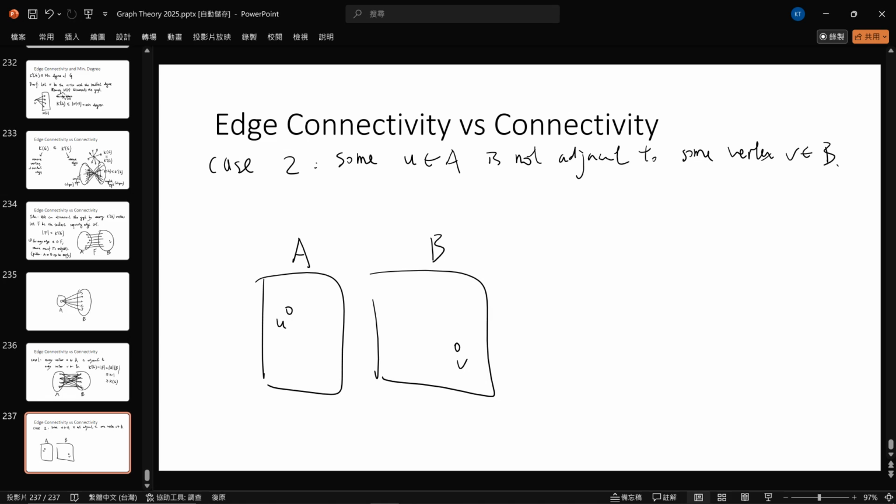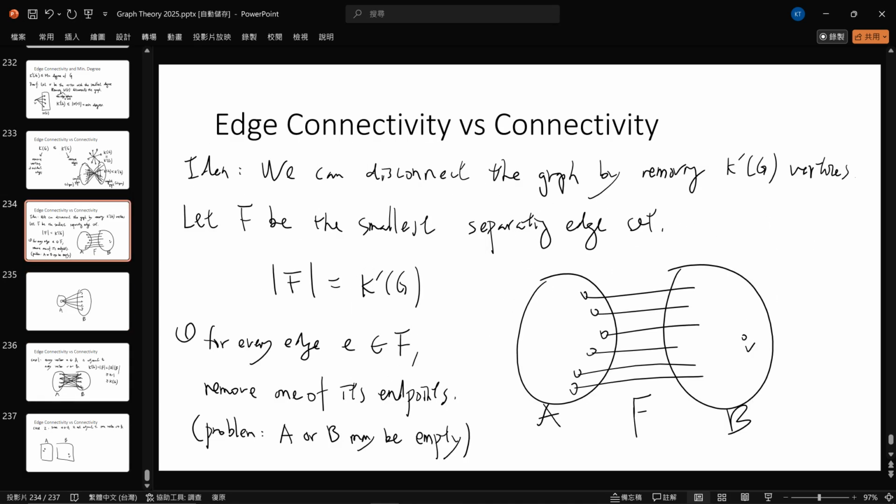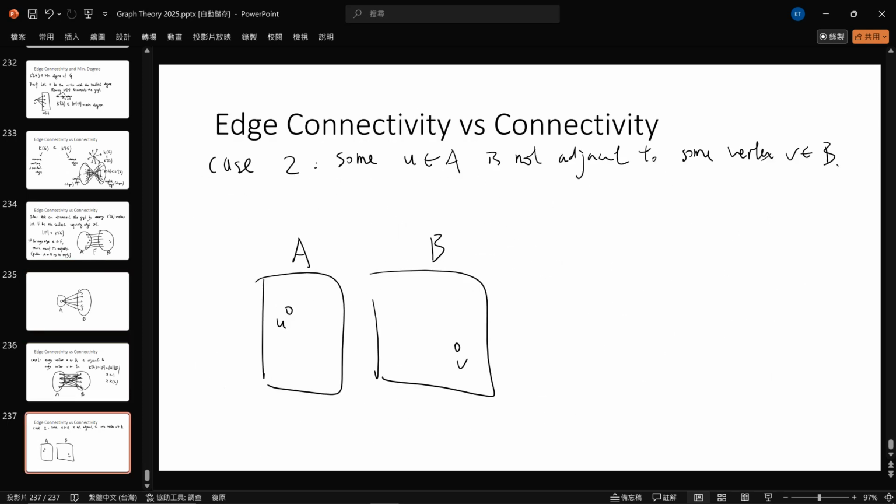And still, our goal is to find, for every edge in F, one endpoint. But this time we have to pick this endpoint with care. For each edge in F, so there's still a for loop.